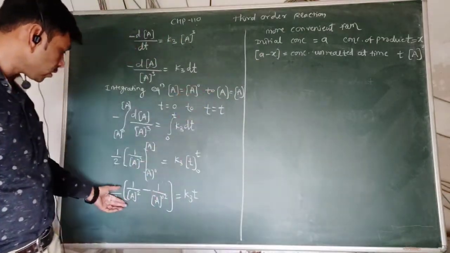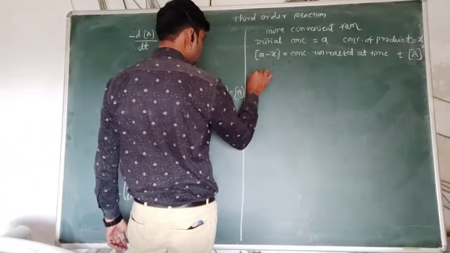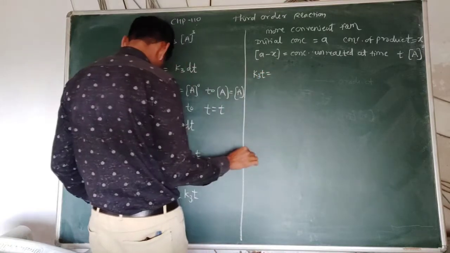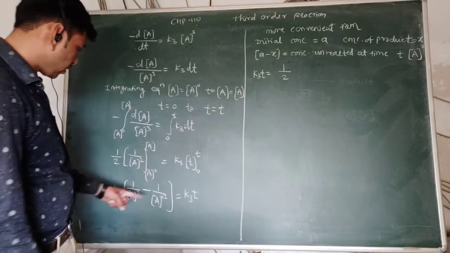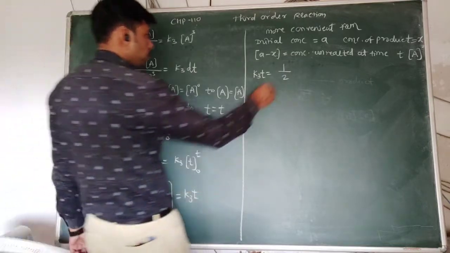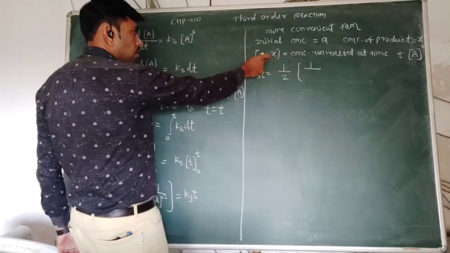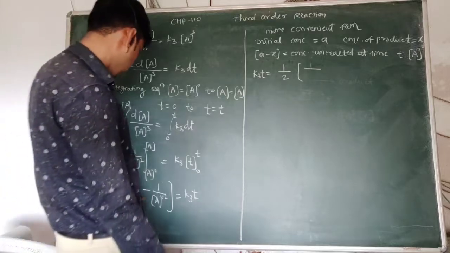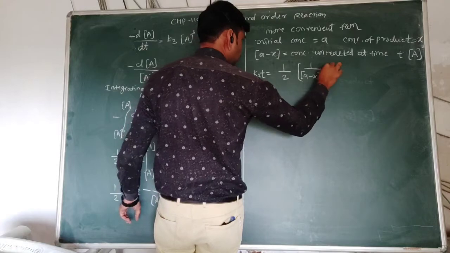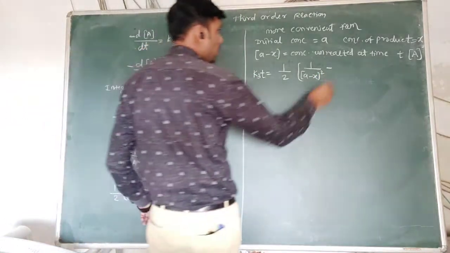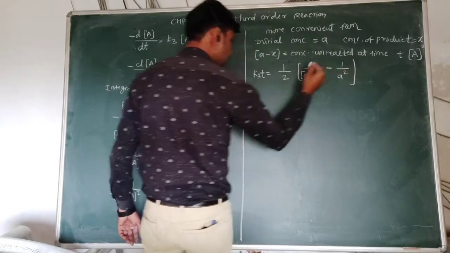By substituting these values in this equation, we get K3 t equal to 1 upon 2 into bracket 1 upon A square, where A is the concentration unreacted at time t, so it is A minus x bracket square, minus 1 upon A0, the initial concentration, squared.